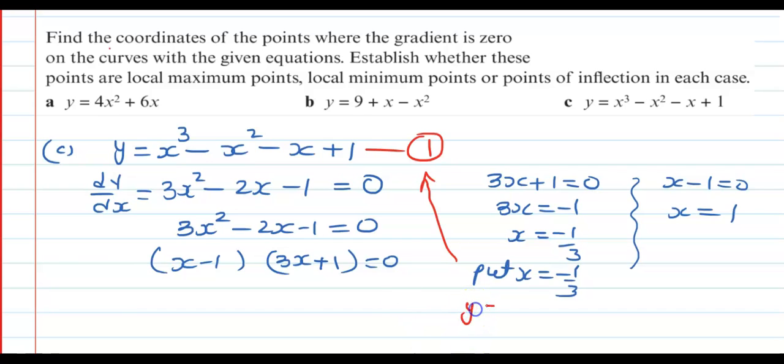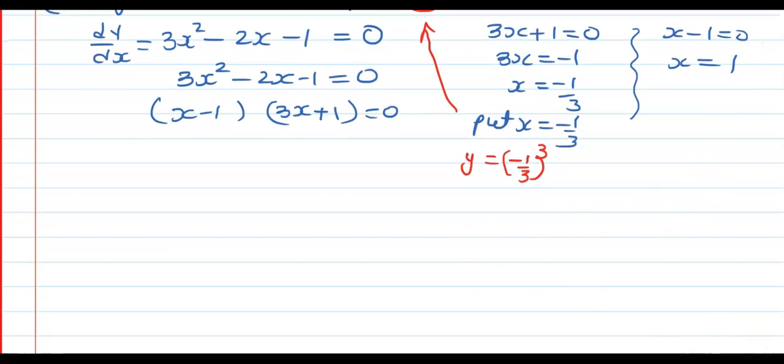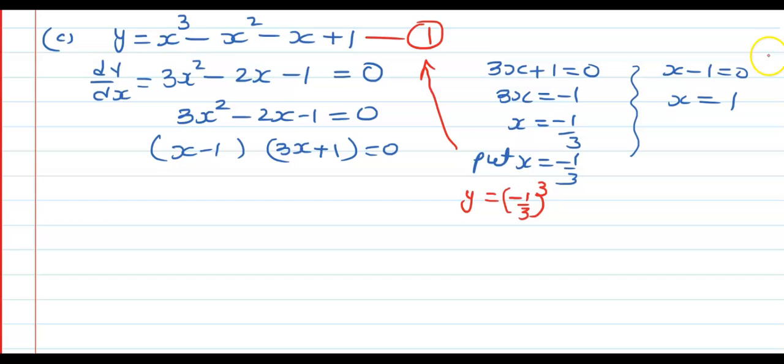So y is, I'm putting here minus 1 over 3 to the power 3. I need to see the question here. So minus 1 over 3, then this minus sign, then minus 1 over 3 to the power 2, and then this is minus 1 over 3 and plus 1.